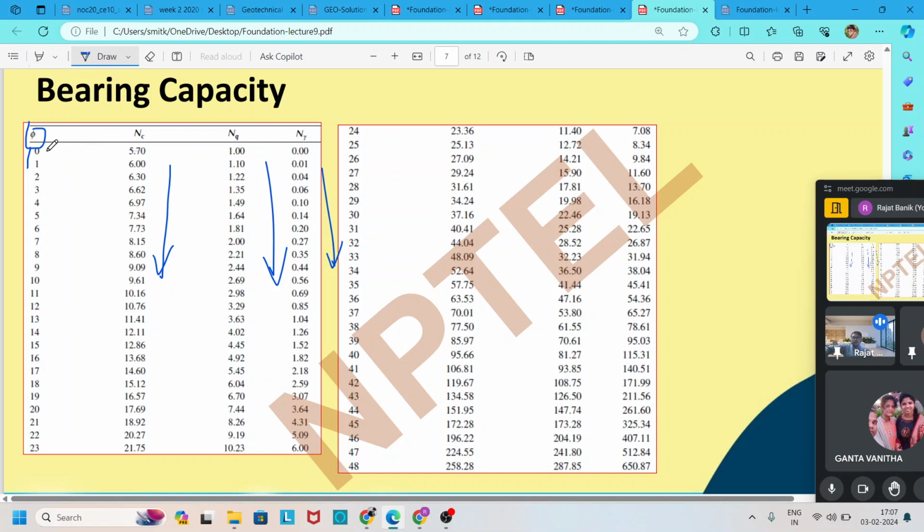That is for phi equal to 0 degree, pure cohesive soil, the angle of internal resistance of the soil is 0. So you remember this. It is very helpful to solve many problems. If phi is equal to 0, Nc is equal to 5.7, Nq is 1, and N gamma is 0.